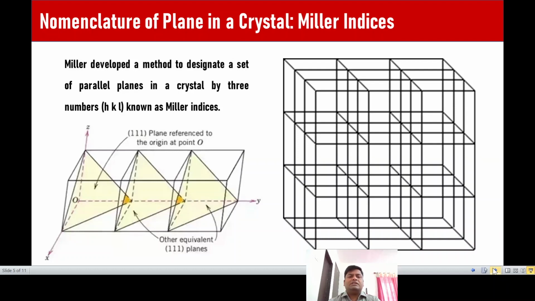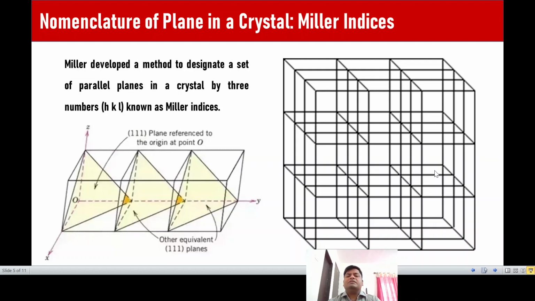Miller was a scientist who developed a method to designate a set of parallel planes in a crystal by three numbers enclosed in a circular bracket, (hkl). These three numbers are known as the Miller indices, and they are used to represent a set of parallel planes in a crystal.